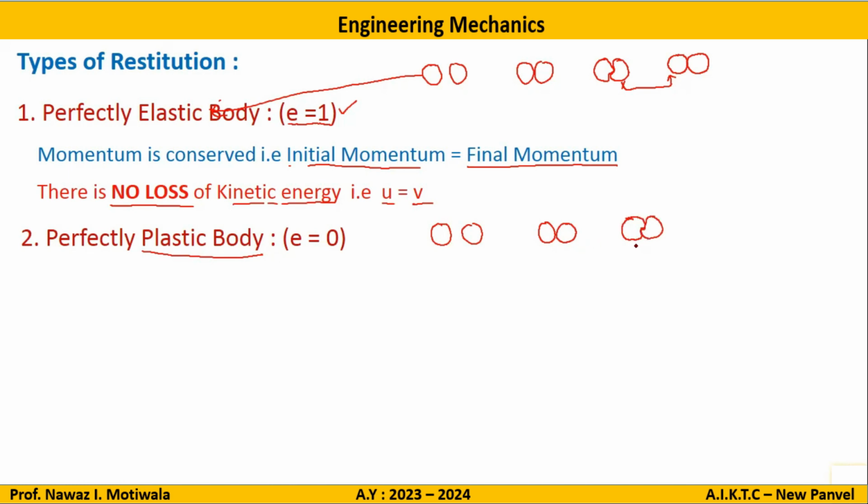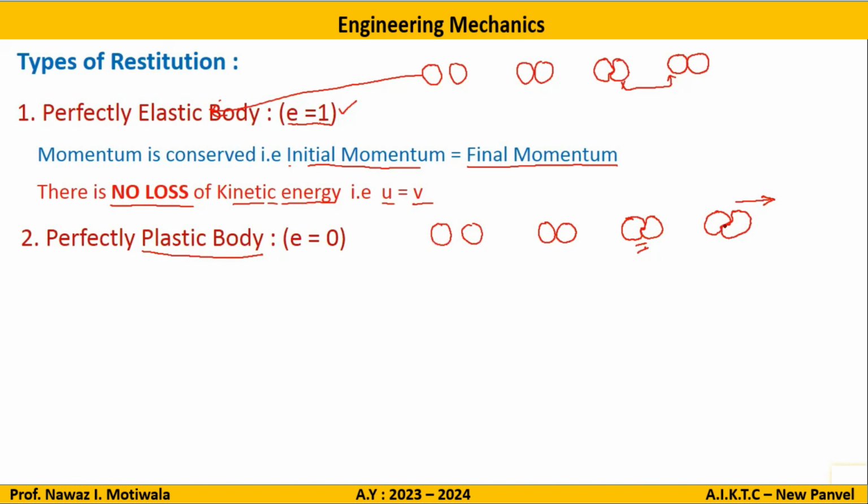Now these particles are not able to regain their original shape and size. That means it has gone into plastic deformation, that is, permanent deformation. These two bodies get stuck with each other and move together as one single particle.